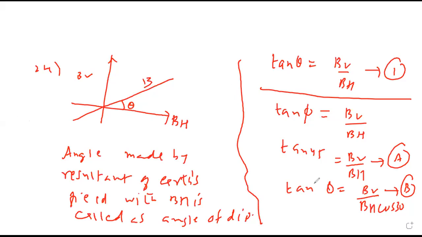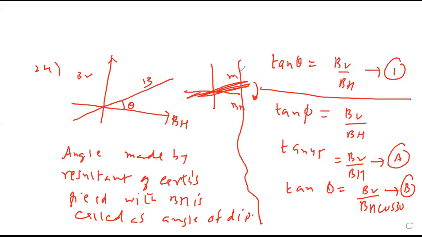Sir, I did not get how you took BH cos theta. Because they are telling the field is not in the magnetic meridian, the angle is 30 degree with the meridian.